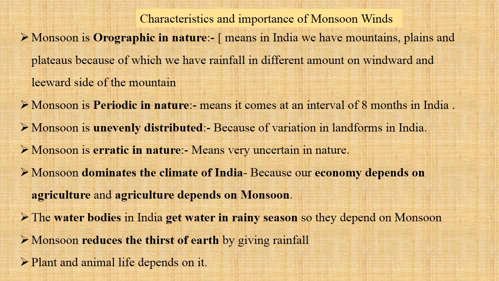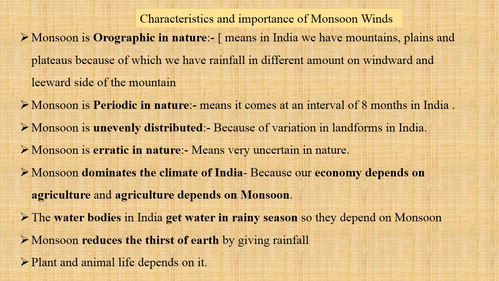Sometimes the monsoon arrives late and withdraws faster. It is also vice versa. Sometimes monsoon arrives on time but withdraws faster. So because of this erratic nature of monsoon, there is a lot of uncertainty in agriculture in India.